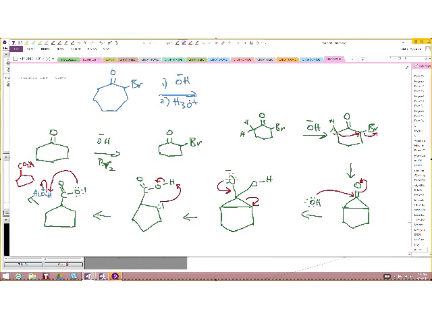What will be the product? In this case, you are going to go from a 7-member ring molecule to a 6-member ring molecule. And in the process, you are going to form a carboxylic acid. So that is another way of making carboxylic acid.